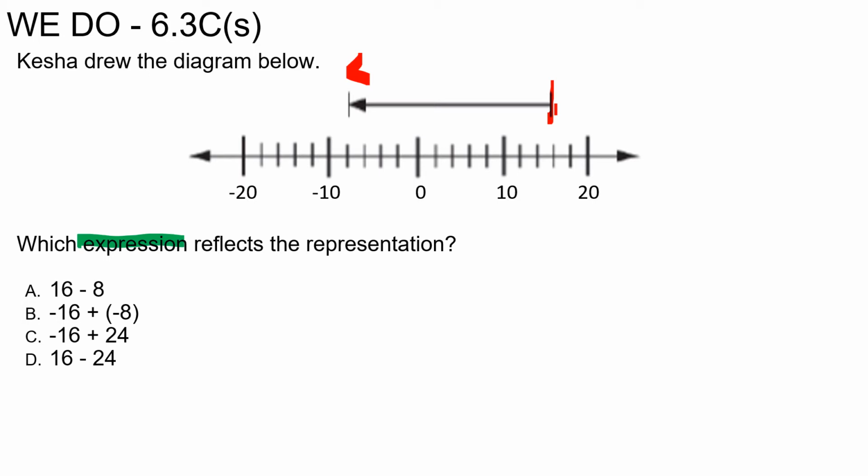So to solve this, we are going to first write our starting point. Our starting point is between 10 and 20, and we have 5 tick marks, which is 2 increments. So we have 10, 12, 14, 16. So our starting point is safe to say is positive 16.